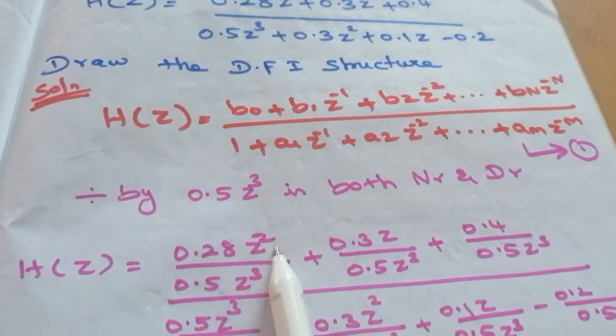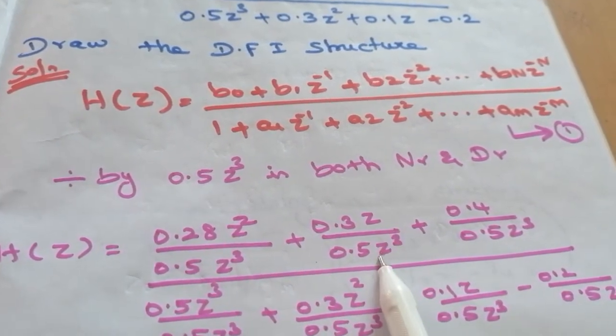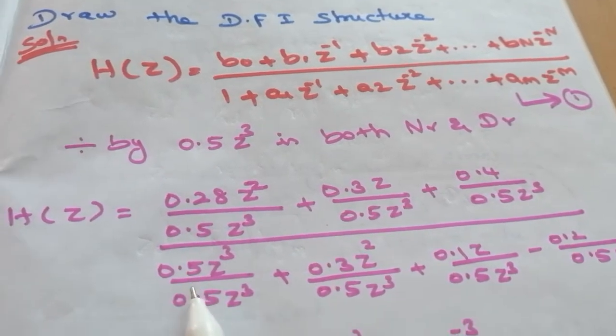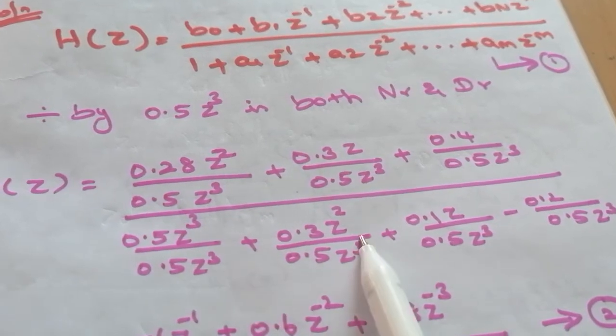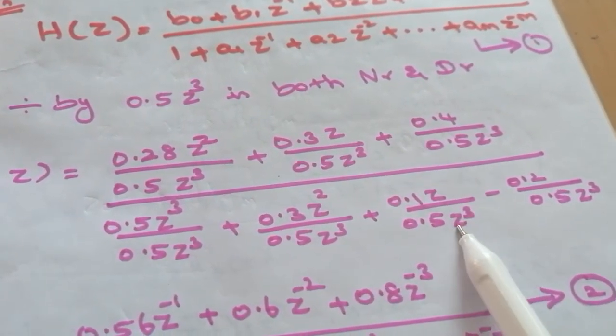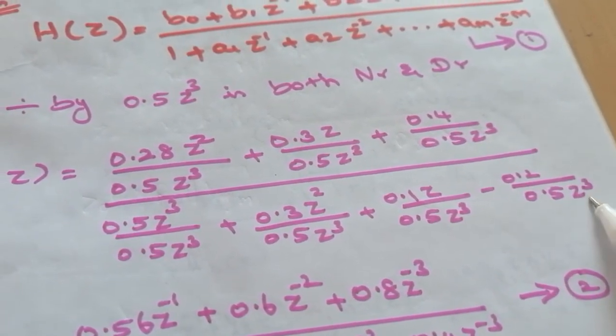So 0.28 z square divided by 0.5 z cube plus 0.3 z divided by 0.5 z cube plus 0.4 divided by 0.5 z cube, whole divided by 0.5 z cube divided by 0.5 z cube plus 0.3 z square divided by 0.5 z cube plus 0.1 z divided by 0.5 z cube minus 0.2 divided by 0.5 z cube.